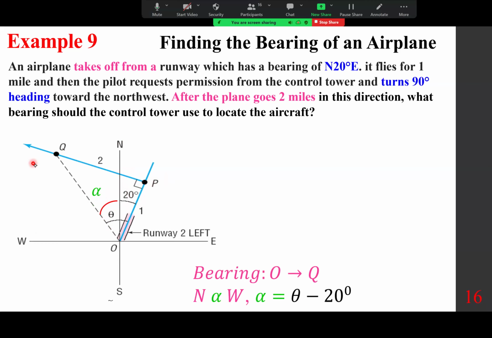Okay, so O to Q, north, alpha, west. And what is alpha? This total angle is called theta. And we know this is 20 degrees. If we subtract 20 degrees from theta, we have the answer.